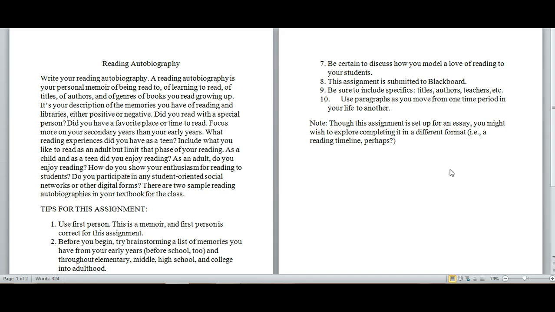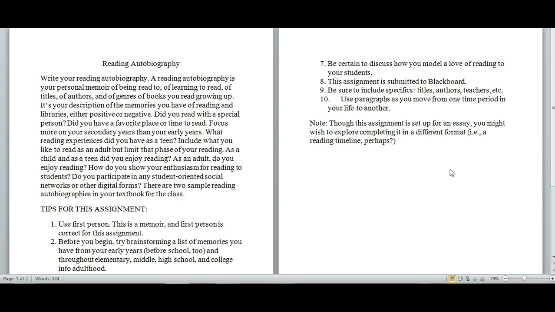It basically shows two very different kinds of approaches in terms of how we both came to love books and reading. I put these two together in the book to show you that there's no one path that you follow as you grow into becoming a lifelong reader. So I hope that both of these will be useful to you. They'll kind of show you the depth of detail that I'm looking for in these.